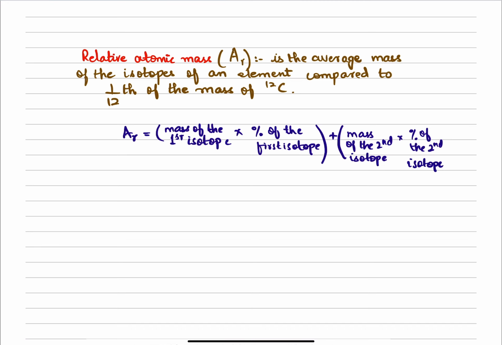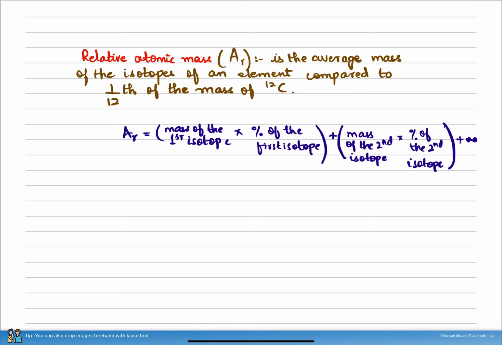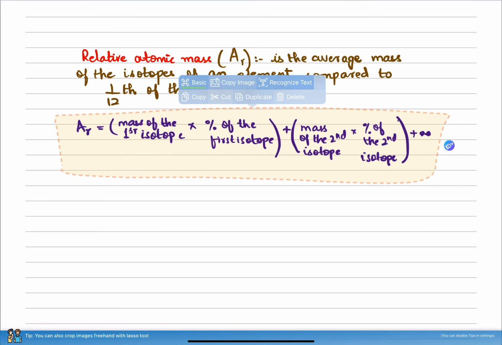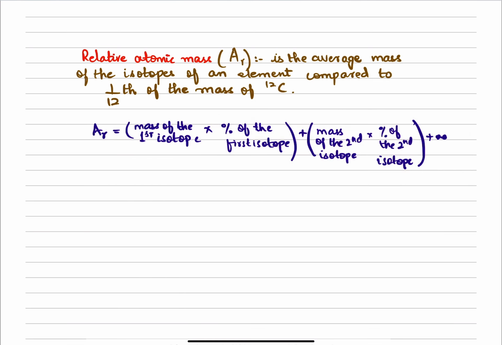If there is a third isotope, you add the third isotope, plus dot dot dot. Divided by, because it's an average, the total percentage, which is obviously 100. This is the formula.